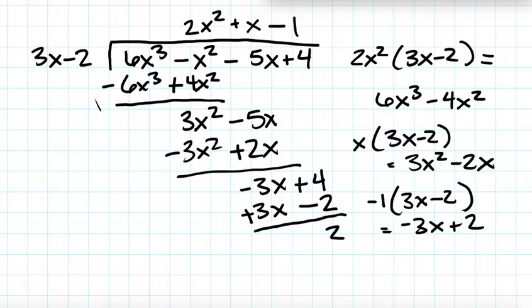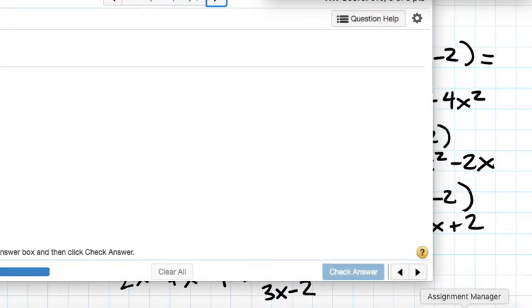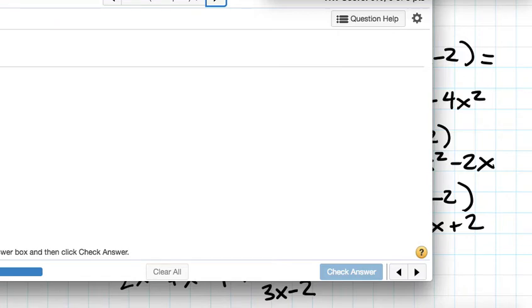So the way that I write this, or in terms of entering my answer into my math lab, the answer is what's on top, 2x squared plus x minus 1. And then it's going to be plus 2 over what you're dividing by. So plus 2 over 3x minus 2. So when I'm entering this into my math lab, look at this example here.